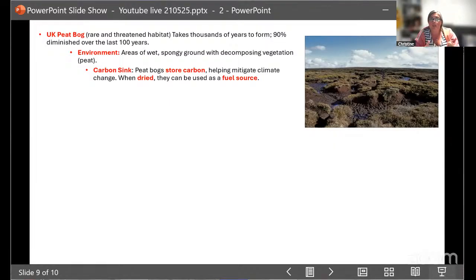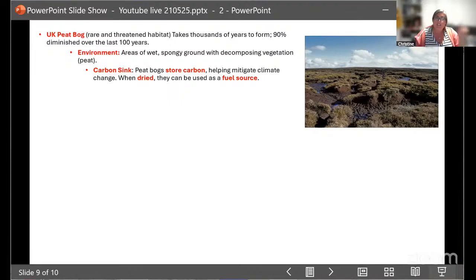back into the atmosphere. So in this case, with the peat bogs, it's actually a way of removing carbon dioxide out of the atmosphere. So if we have peat bogs and we manage them and maintain them, we can actually store carbon, and carbon dioxide in the atmosphere could actually be a problem because that could cause our temperatures to rise, therefore causing our glacial ice caps to retreat, to melt, causing issues there.